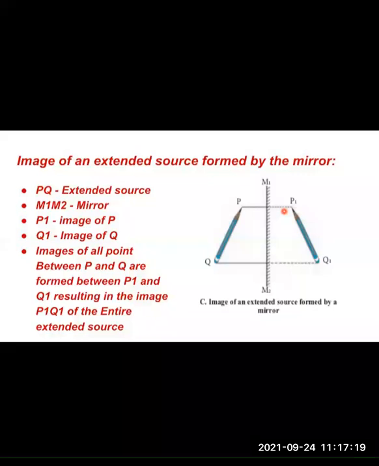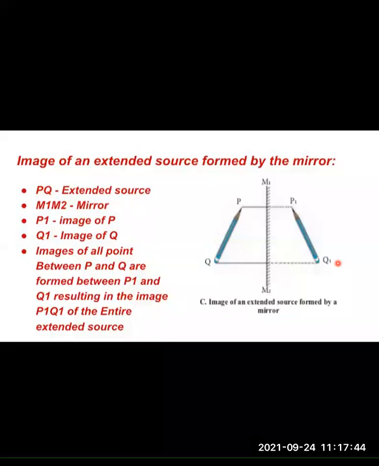Now, the same thing we can say for point Q. The rays of light emerging from point Q are incident on the plane mirror, and if the rays of light are produced backward, we get the image of point Q at point Q dash. You can also say Q1.